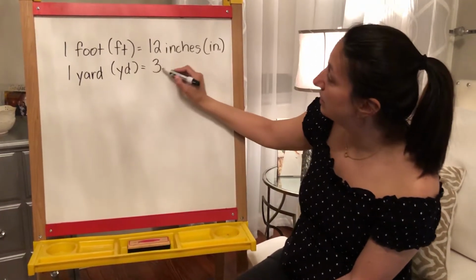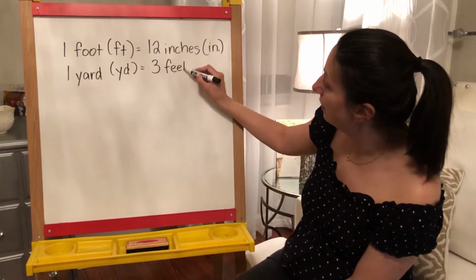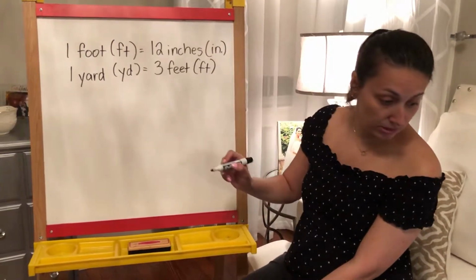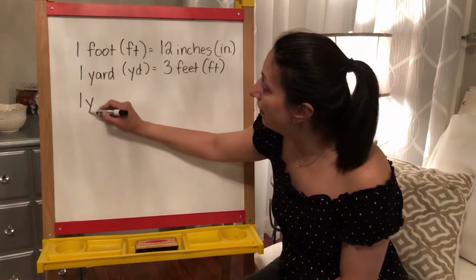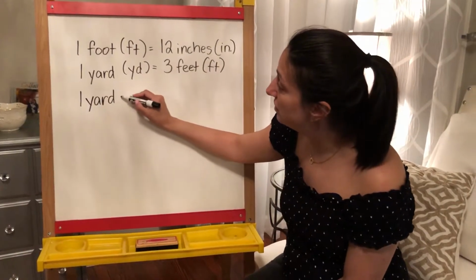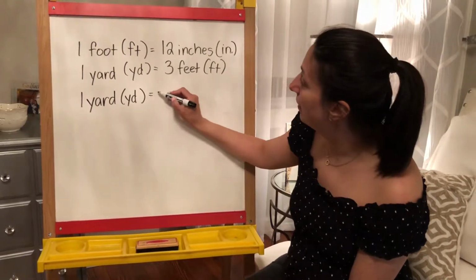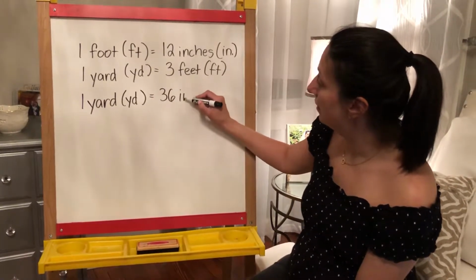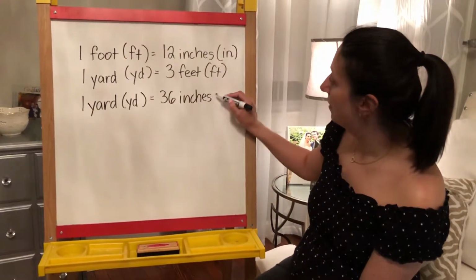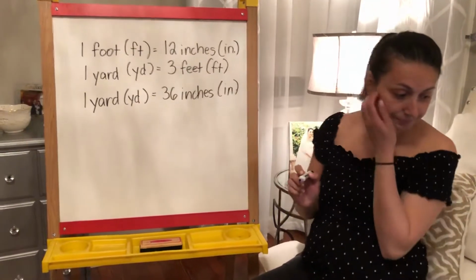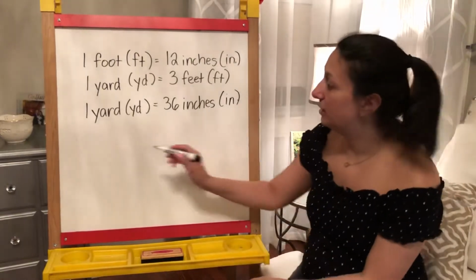And that is equal to 3 feet. The next one is 1 yard in inches is 36 inches. Okay?